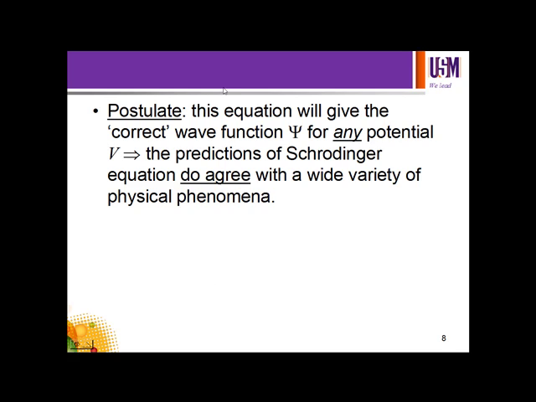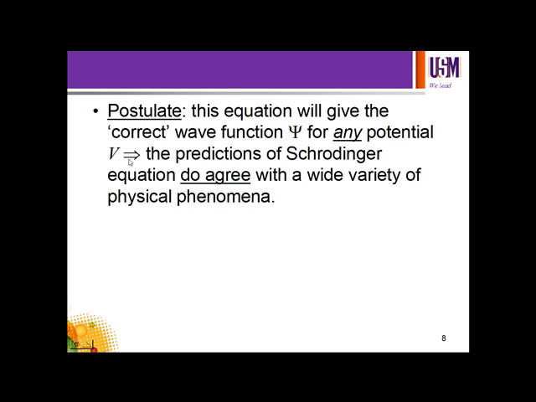So this equation will give the correct wave function psi for any potential V, not only 0. We just know that the condition for psi to satisfy the equation is that V should be 0. But Schrodinger put forth his postulate that it will satisfy for whatever value of V.